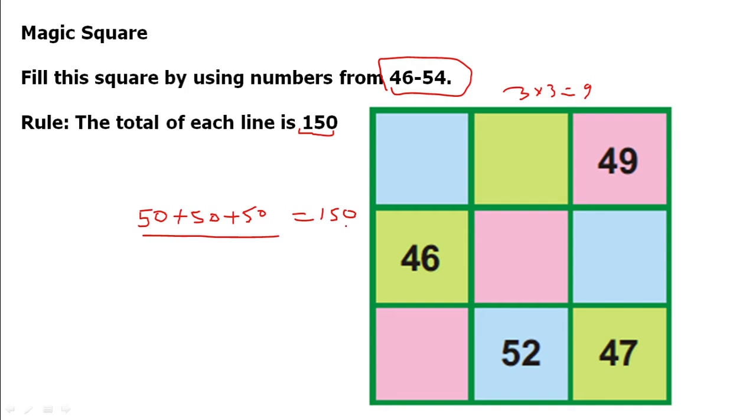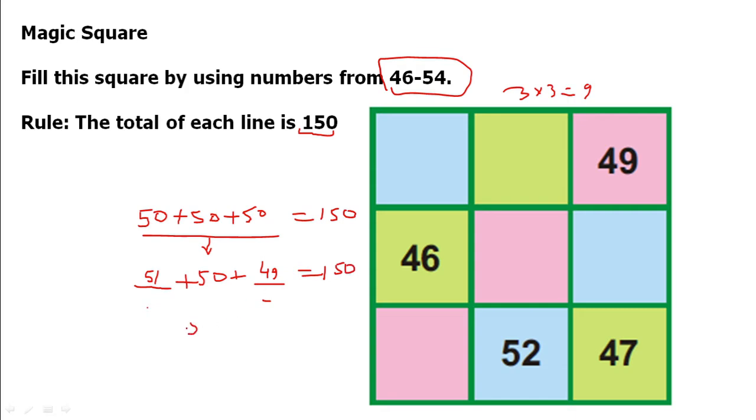So what can we do? If we fix one number 50, this number should be less than 50, this number should be more than 50. The less will be the more. Means if I use here 49, one less, I have to put one more here, 51. Again, sum will be 150.